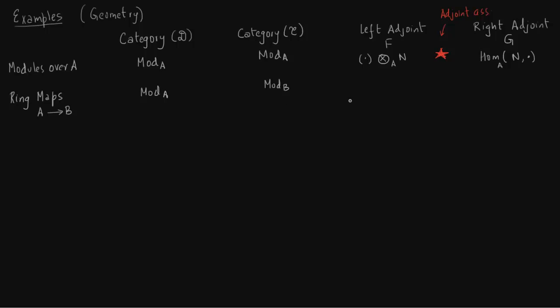That is why I have marked it with the red star. So again, page 382 in Dummit and Foote. Again, you can do ring maps. This is just extension of scalars, and you again have homomorphisms on the right side, but it can also be written as a forgetful functor because you are going to the underlying sets.